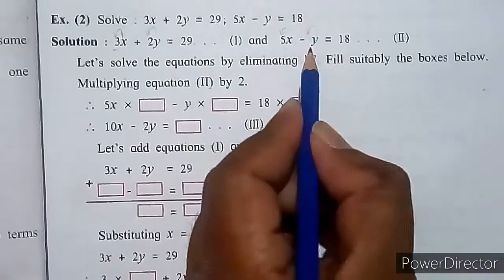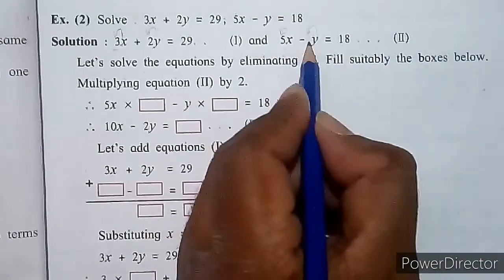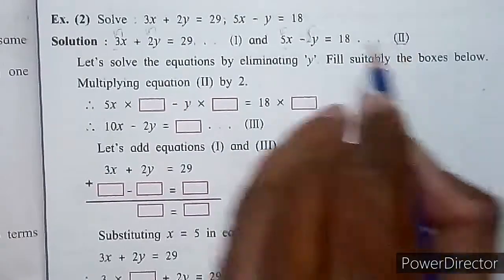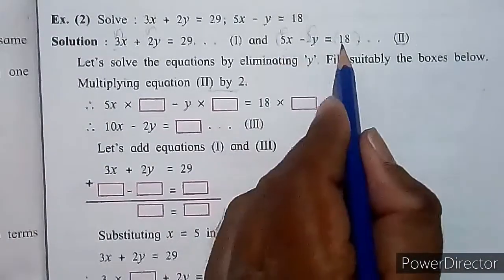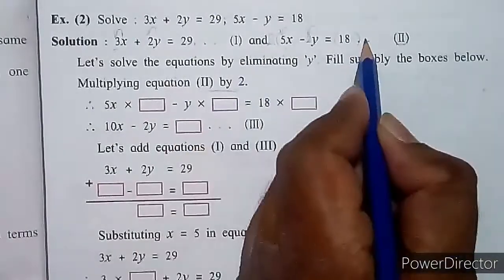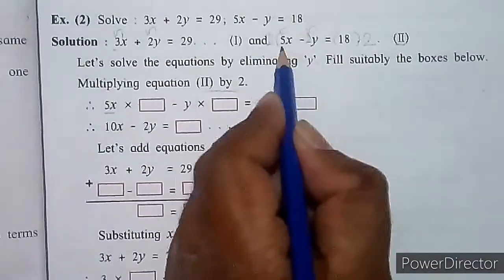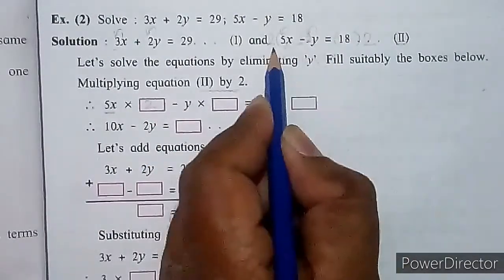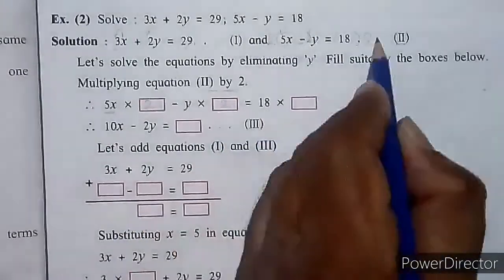Now we can easily make them equal by multiplying equation 2 on both sides by 2. Multiply equation number 2 by 2 on both sides, means multiply 2 on this side and multiply 2 on this side. Now 5x into 2, minus as it is, y into 2, equals to 18 into 2.